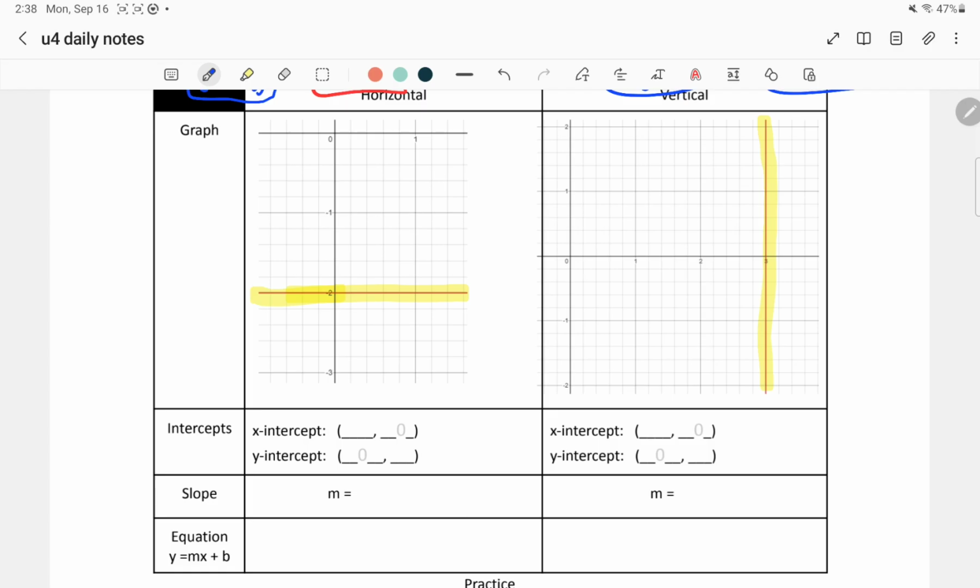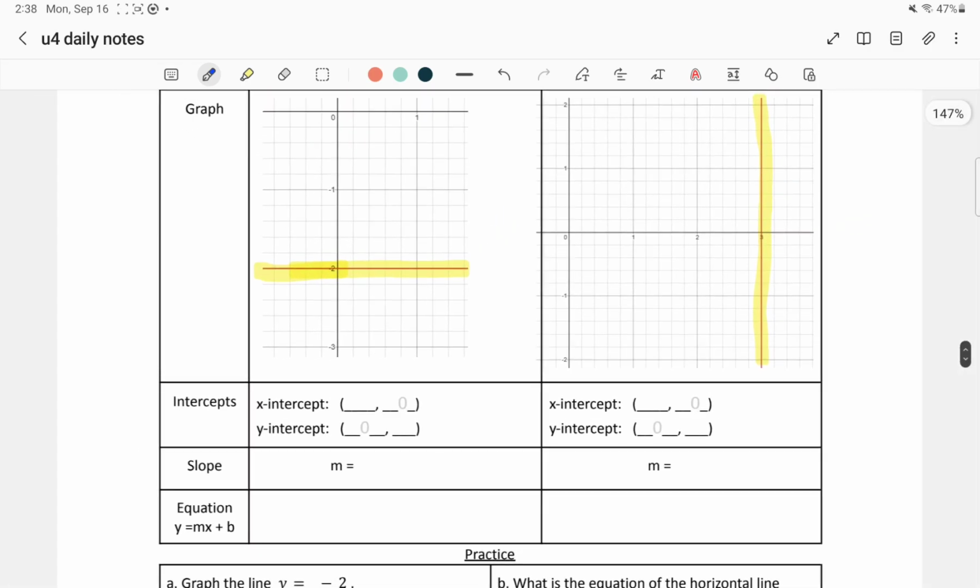Okay. A horizontal line. Notice it doesn't have an x-intercept. Most of the time it won't. My y-intercept, though, I see it crosses at 0, -2.